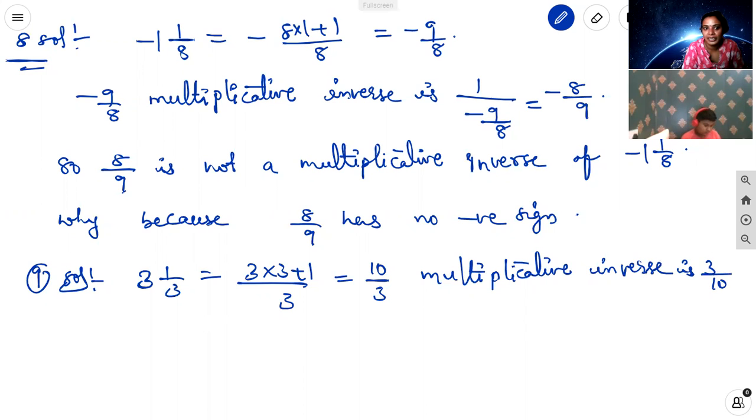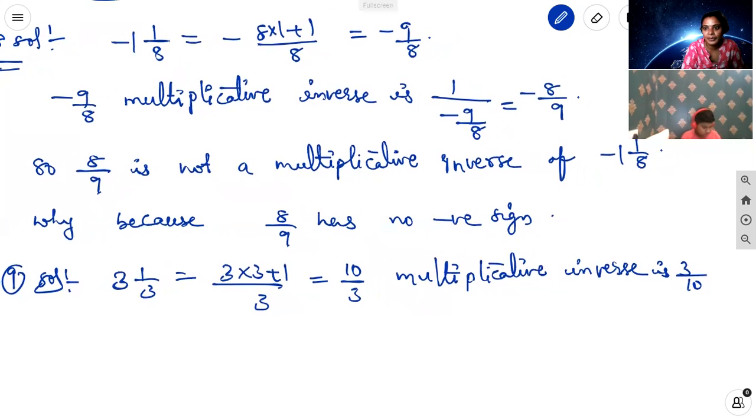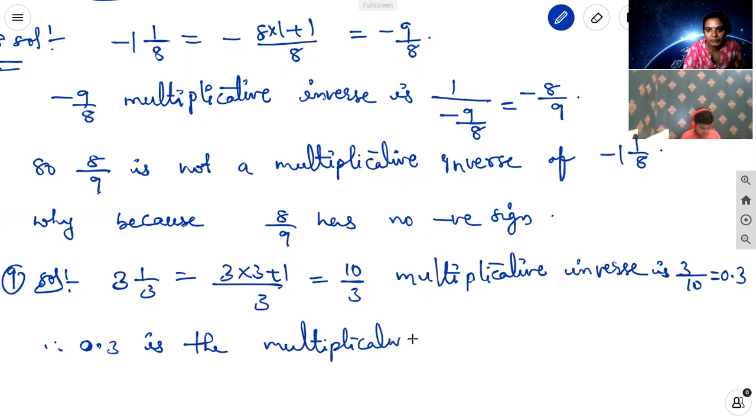So it is clearly 3 by 10, which written in decimal is 0.3. Therefore, 0.3 is the multiplicative inverse of 3 1 by 3.